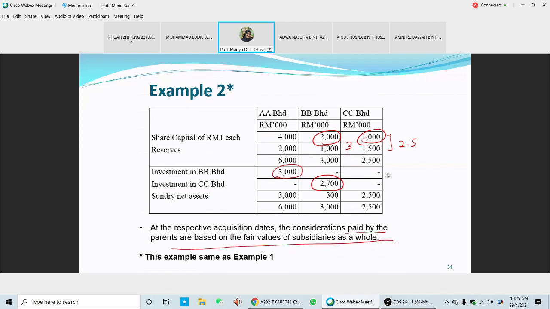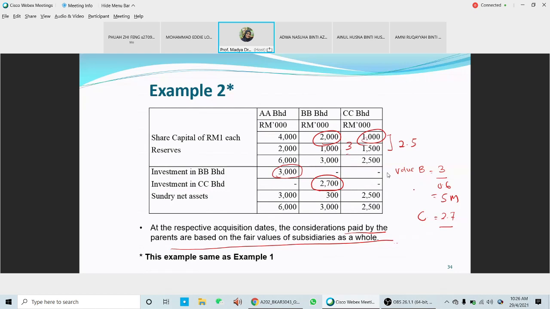So the investment value of B as a whole is equal to 3 divided by 0.6, which is 5 million. Then the value of C here is 2.7 divided by how many percent do we have? B's investment in C here is 75%, isn't it?